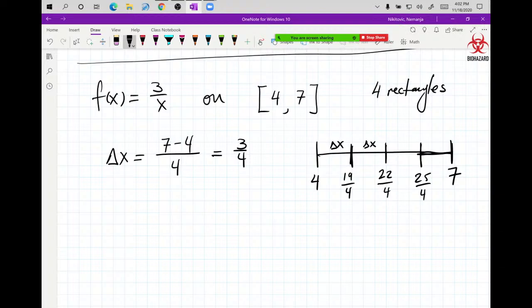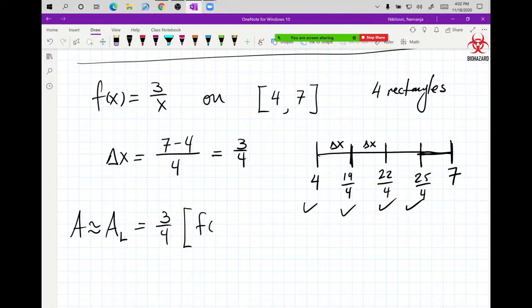we're going to go and write our formula, right? So area will be approximated by area from the left, let's say, and that's going to be given by 3/4, which is delta x in front. And now I need to calculate f. Because I'm using left, I'll be using 1, 2, 3, 4.